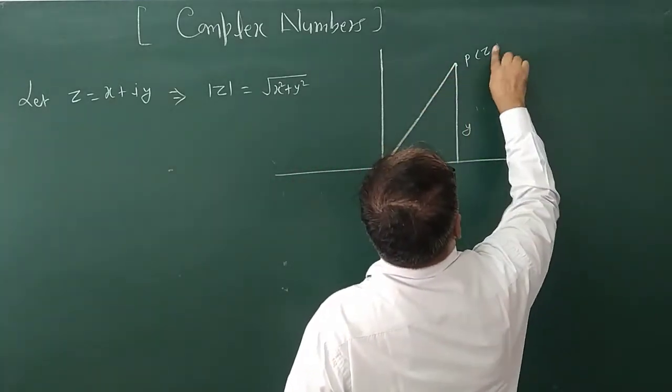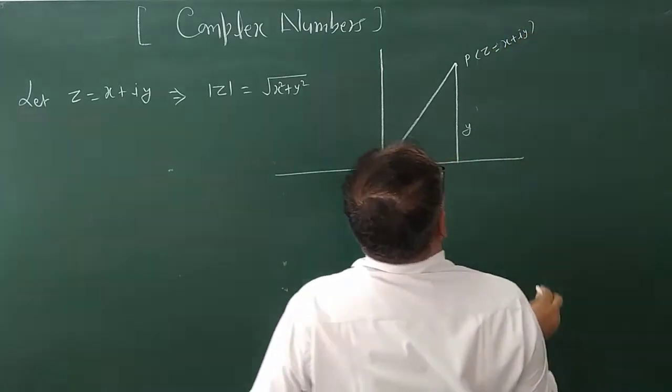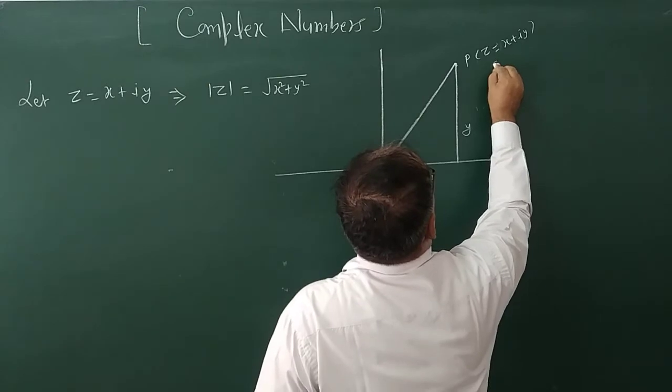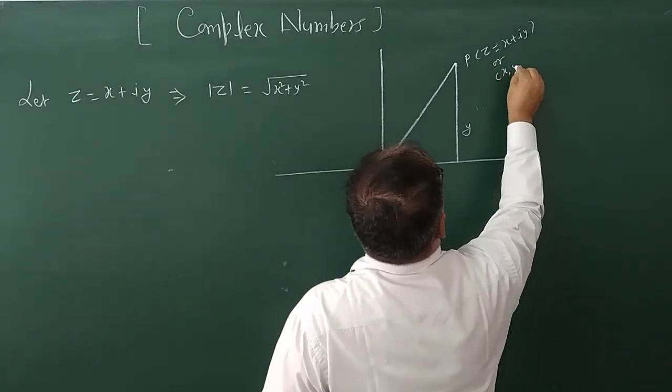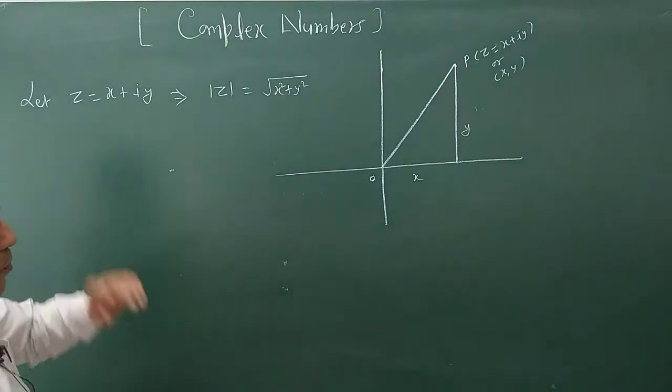Z equal to x plus iota y, or this also can be represented by x comma y as ordered pair form.